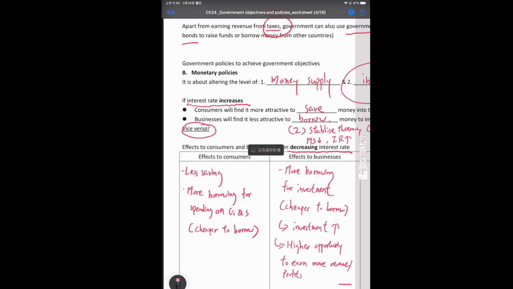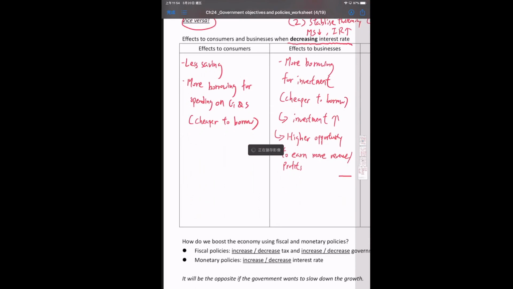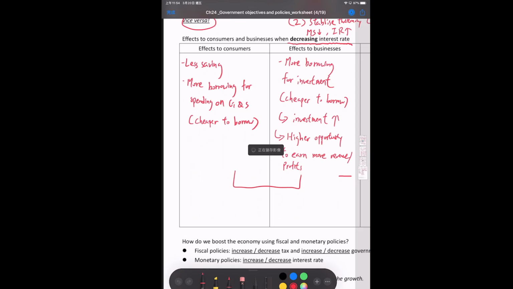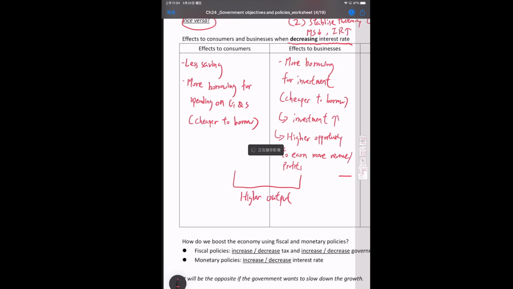So we can see at the end, when we look at both of them together, there will be a higher output in the economy.